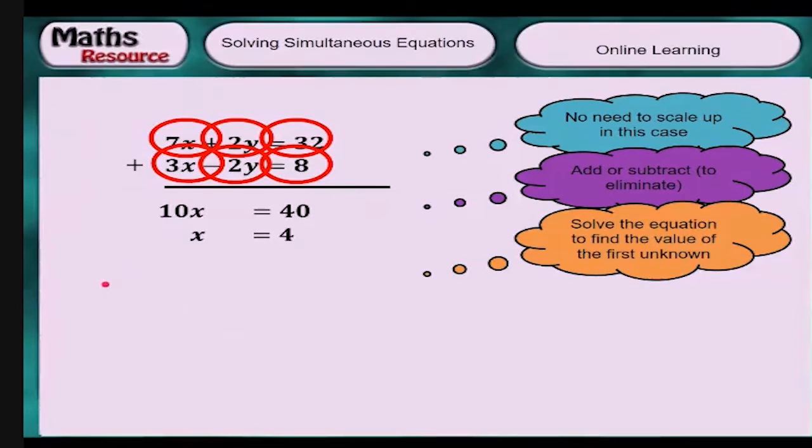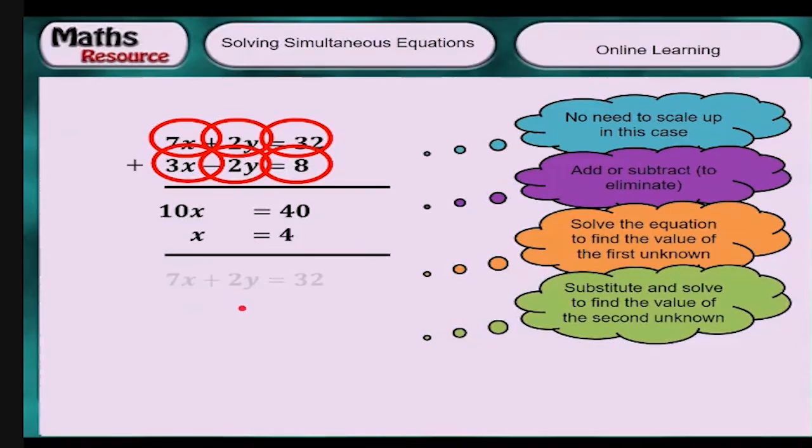So x equals 4. Now, again, I can either pick the top or the bottom. It doesn't really matter. So what I'm going to do is drag the top one down again. So I've got 7x plus 2y equals 32.